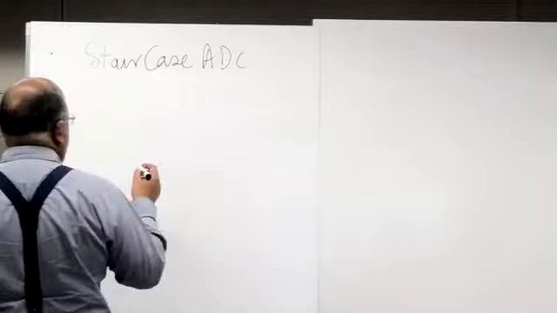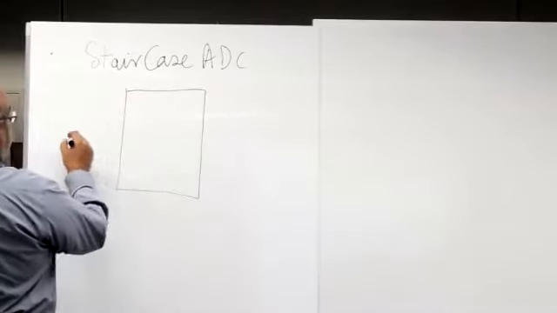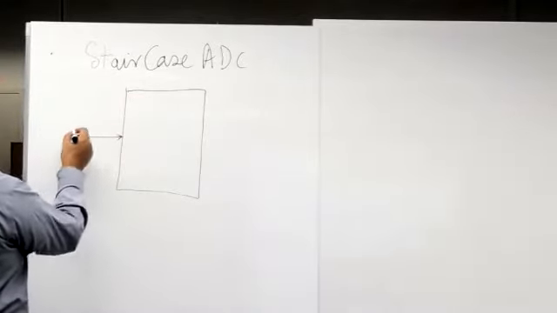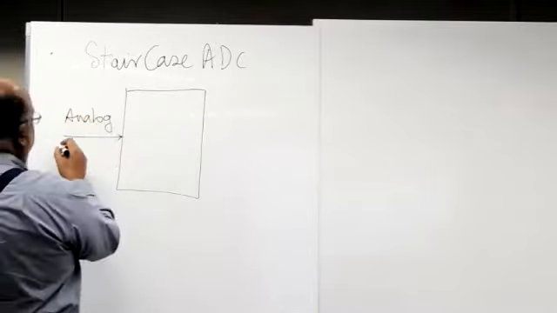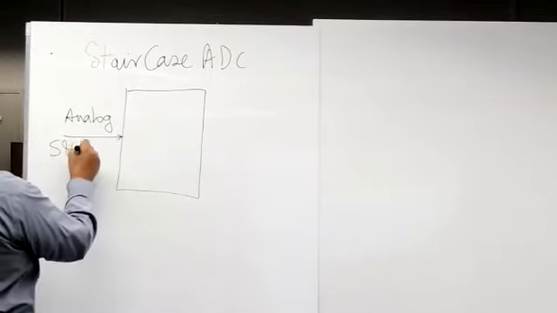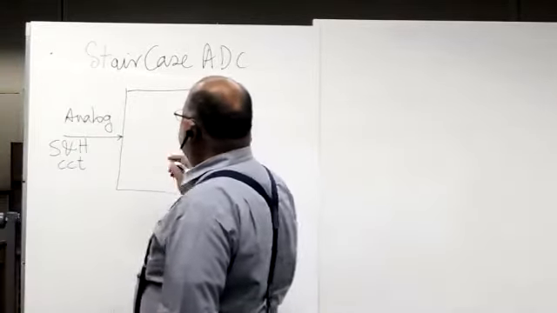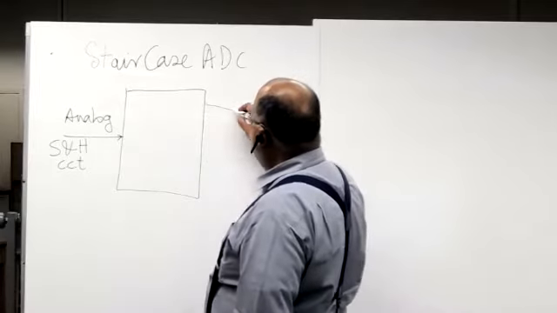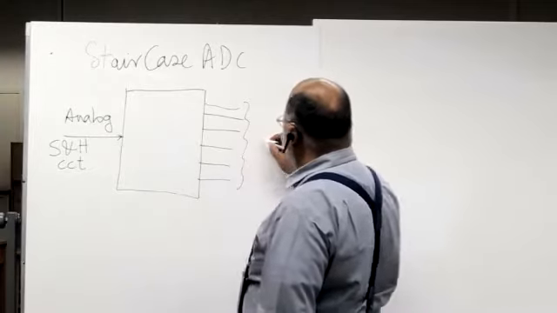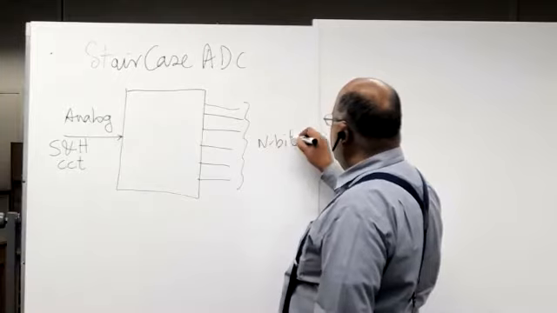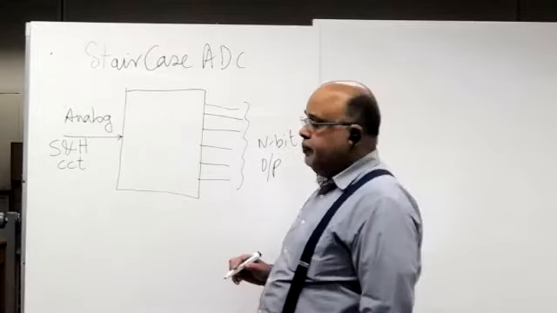So, staircase ADC. We are basically going to talk about this signal, where the signal is coming from analog, from the sample and hold circuit, S/H circuit, and this comes here and gives you an n-bit output.